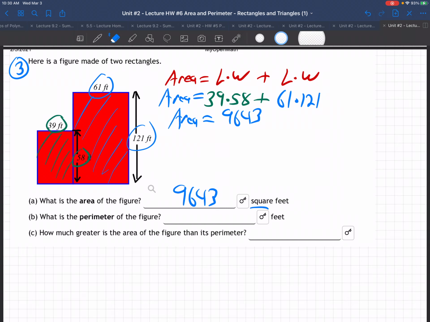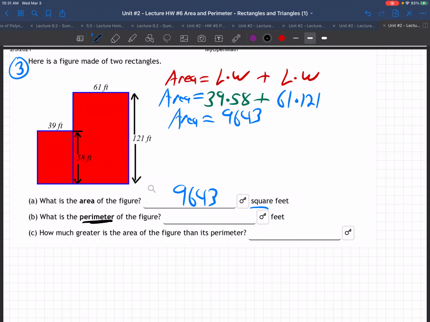Okay, so now we want perimeter. Let me get rid of this and do the whole thing again to be more clear. So now, perimeter, what does perimeter mean?